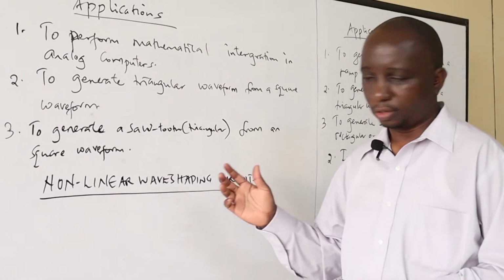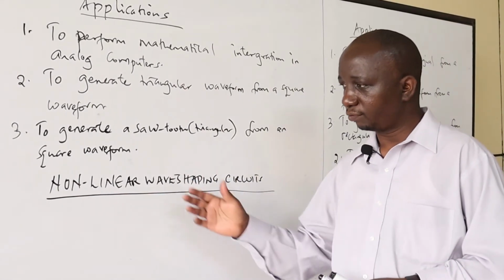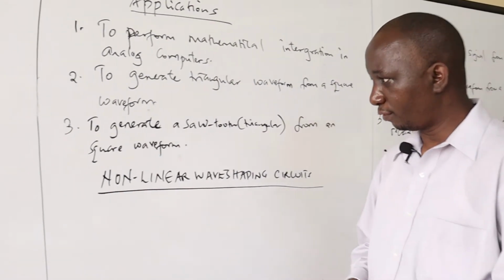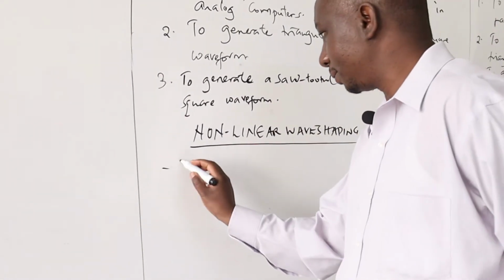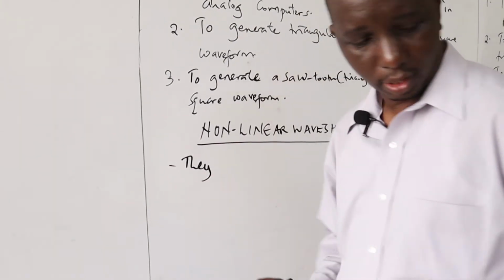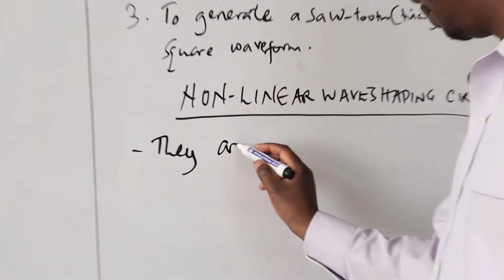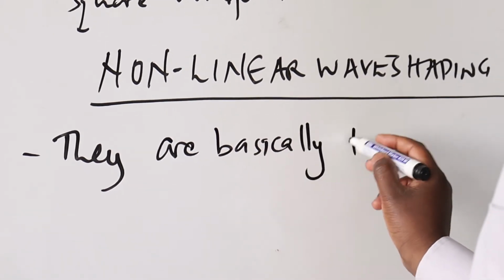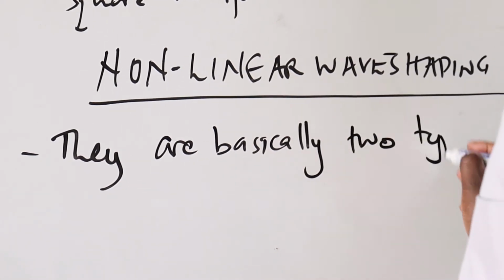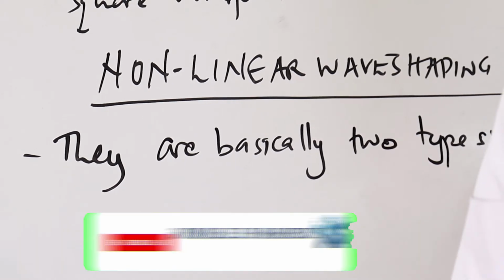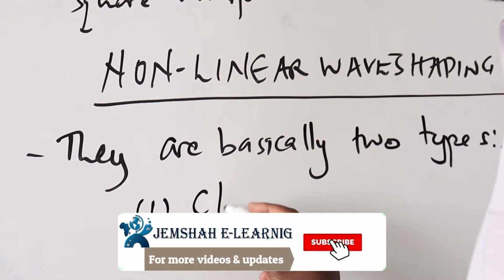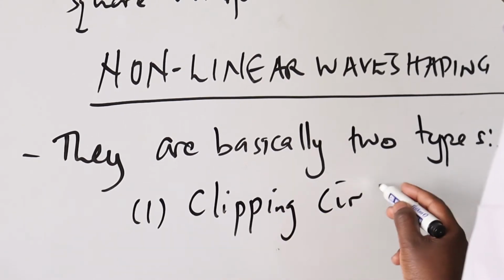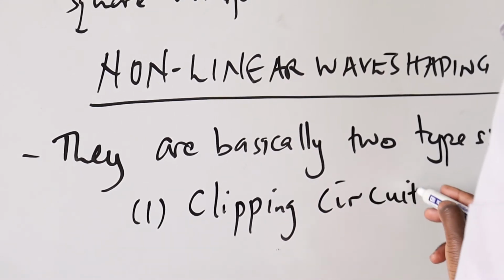In this case, we have to classify how many types there are. There are basically two types. One is what I refer to as clipping circuits.